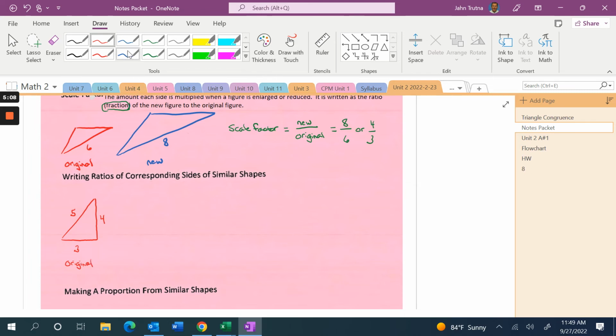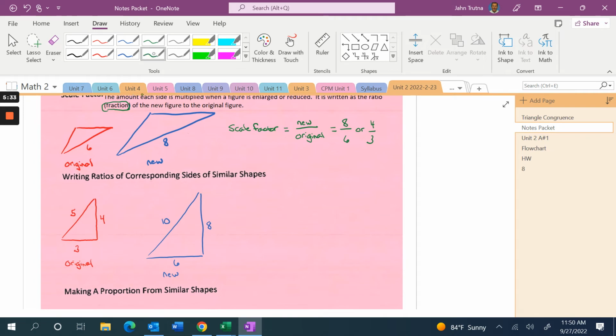Next to it, I have a larger figure, but this larger figure is similar to the original figure. This is my new figure right here, in blue. In the new figure, the bottom leg is 6, the vertical leg is 8, and the hypotenuse is 10.